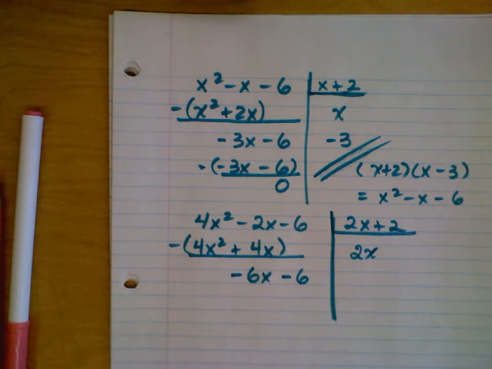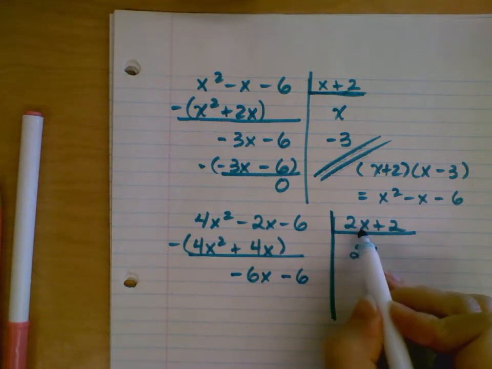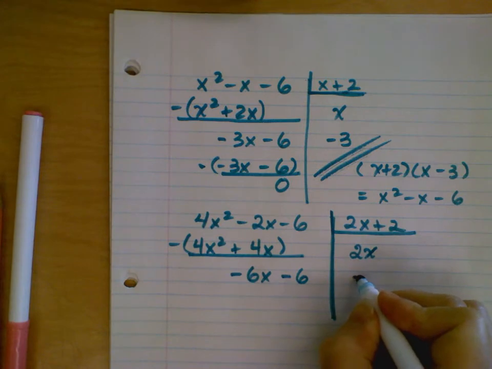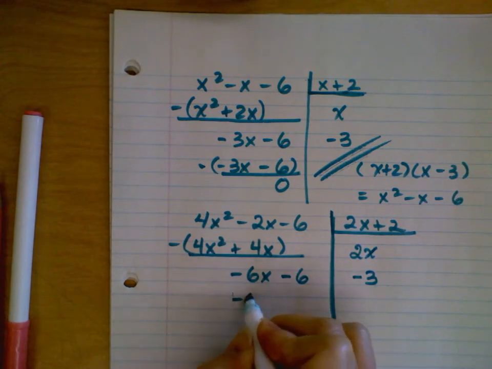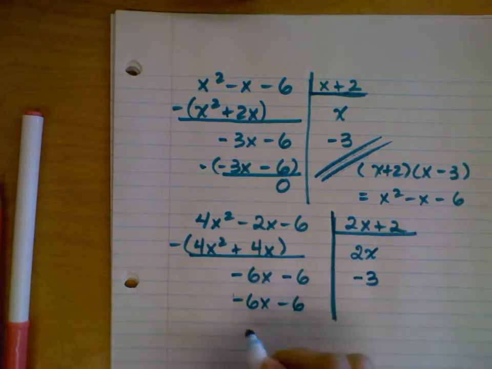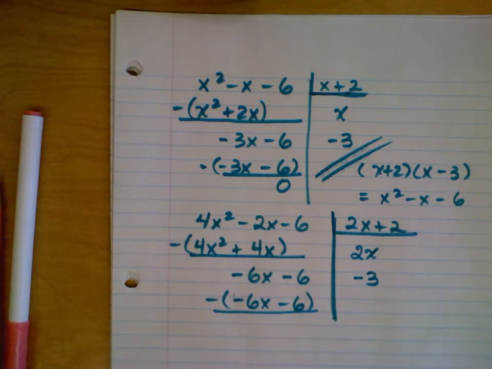That's what's left over, remaining at this point. And then I look again. How many 2x's go into negative 6x? Minus 3 of them. Negative 3 times 2 is negative 6. And again, a value minus itself is 0.